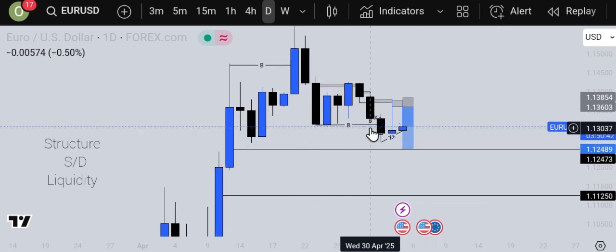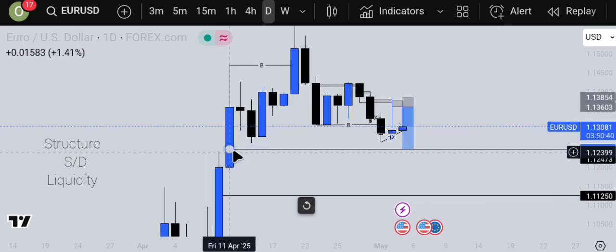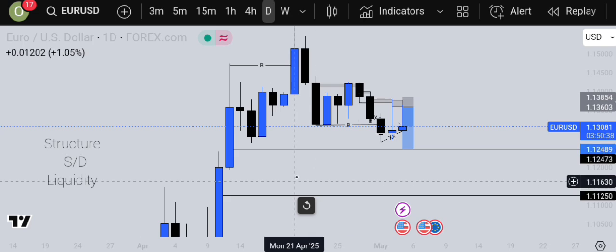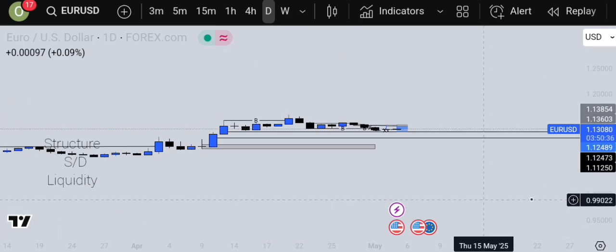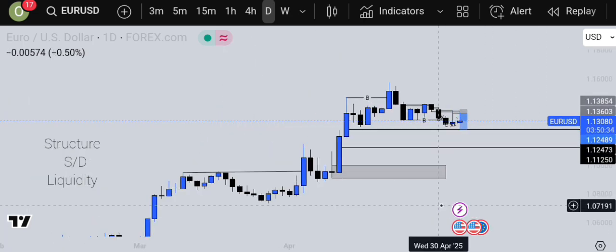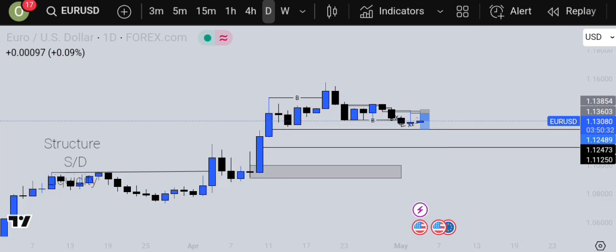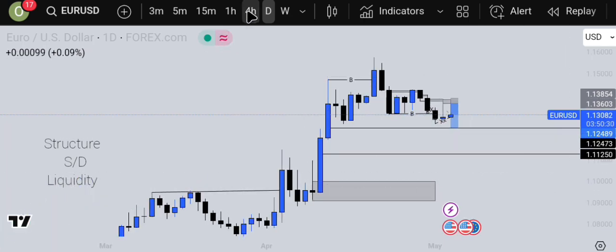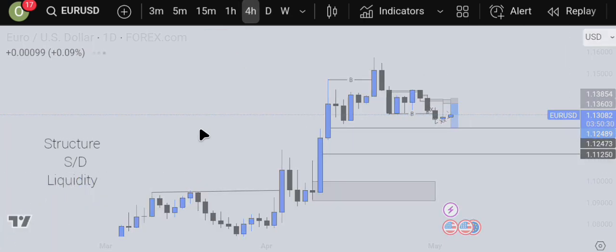So I now mark it out as a break of structure. Then I have my lines drawn out, and again we are bullish on the daily time frame. So we go into the 4 hour time frame.